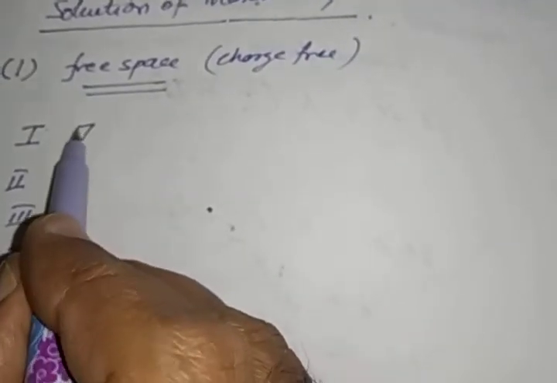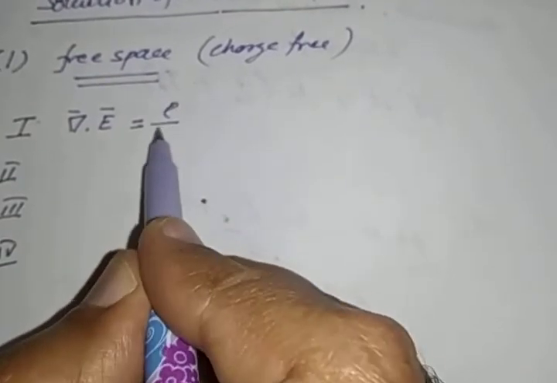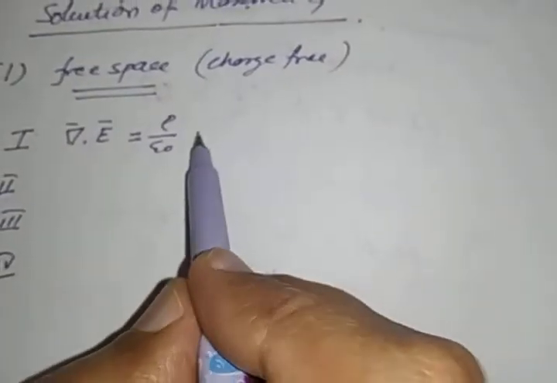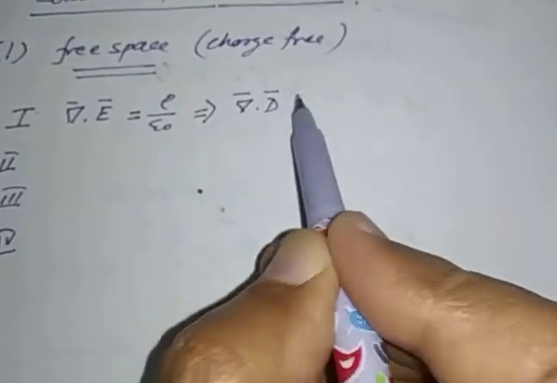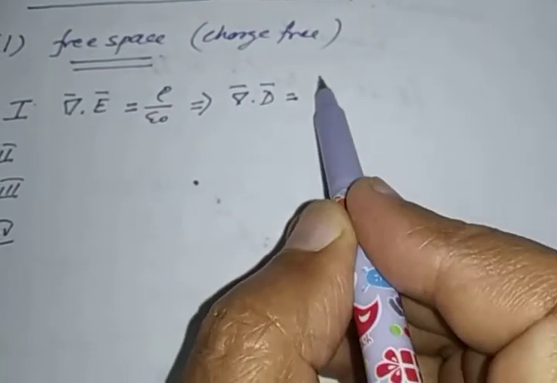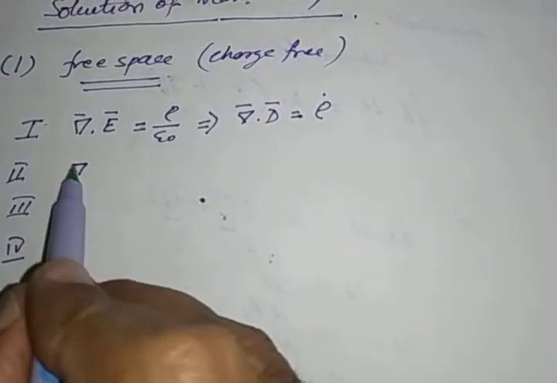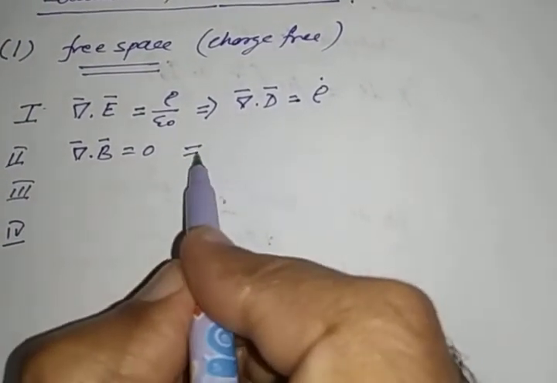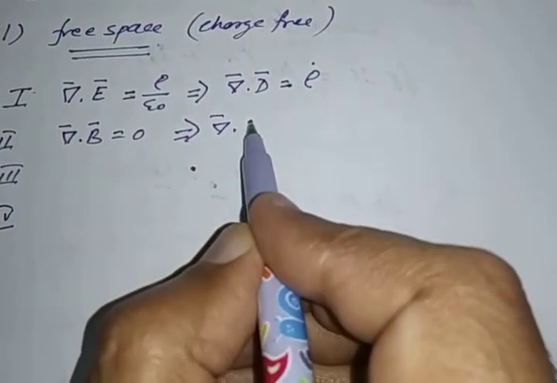The first of all is this one. We can write it in terms of displacement vector also. The second Maxwell equation is this. We can write it in terms of magnetic field intensity.